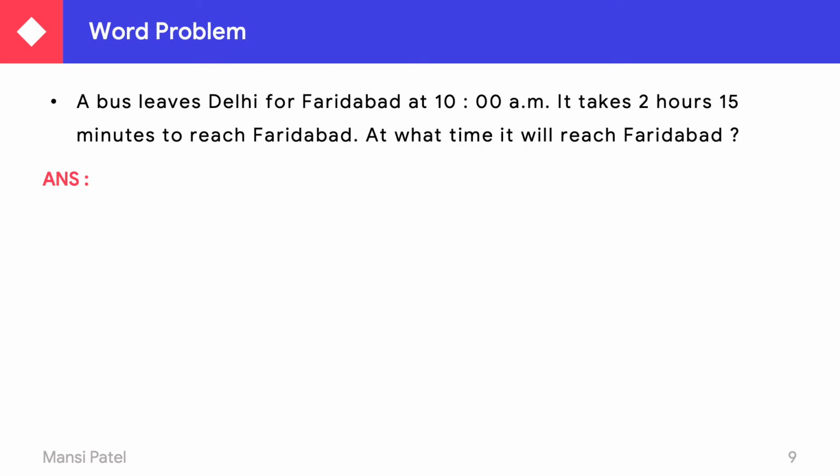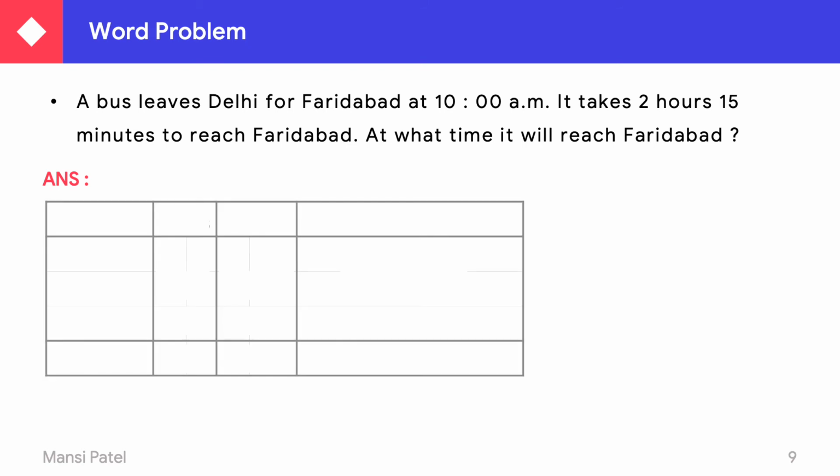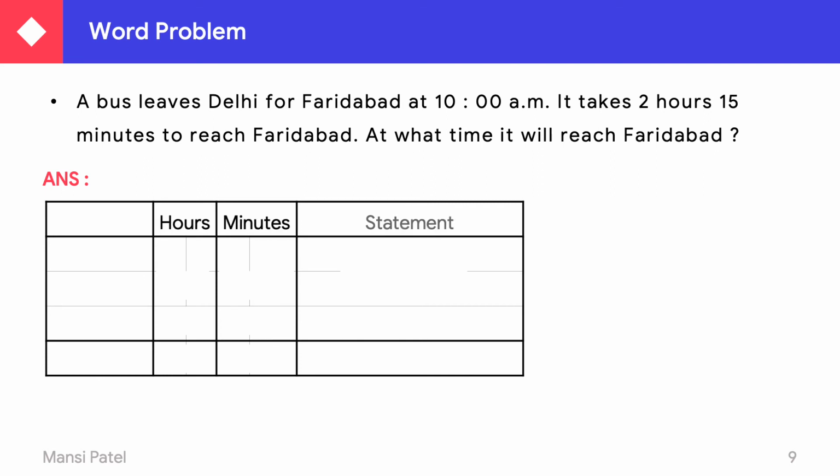So this 2 hours and 15 minutes is the time duration, or we can say it's the elapsed time. So 10 a.m. is the time when the bus leaves Delhi, plus it takes 2 hours and 15 minutes.